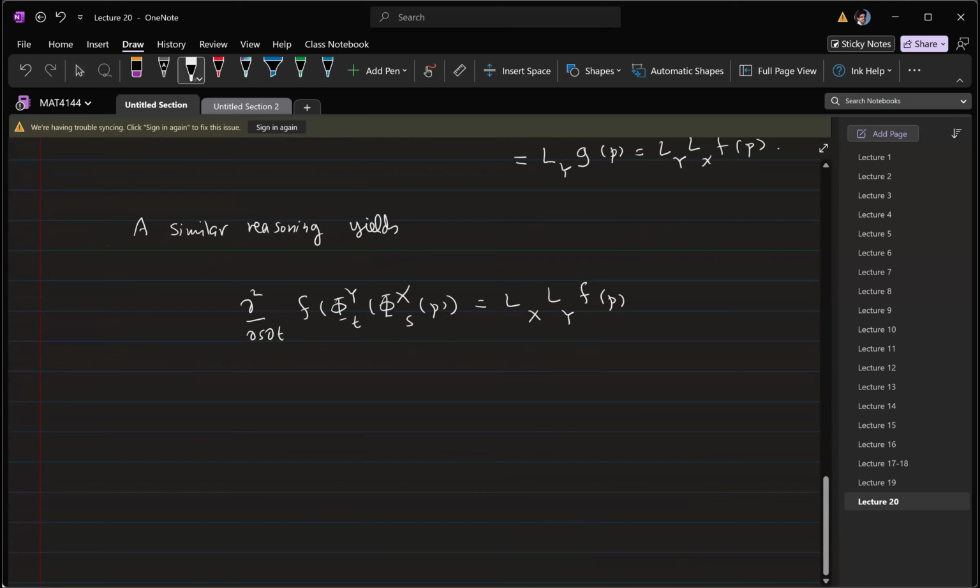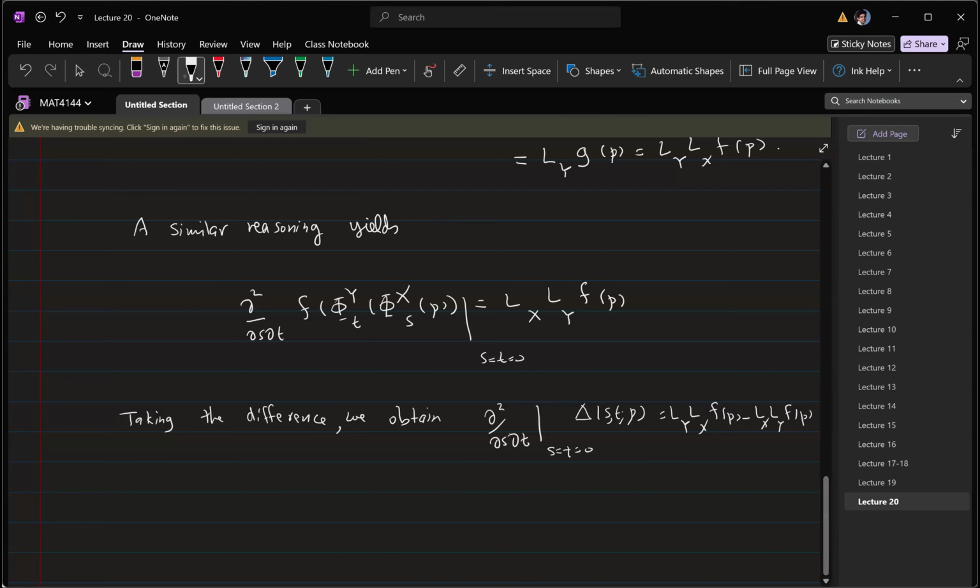And taking the difference, what we obtain is that d squared over ds dt at s equals t equals 0 of delta(s,t,p) is L_y L_x f at p minus L_x L_y f at p. Okay, and this completes the argument.